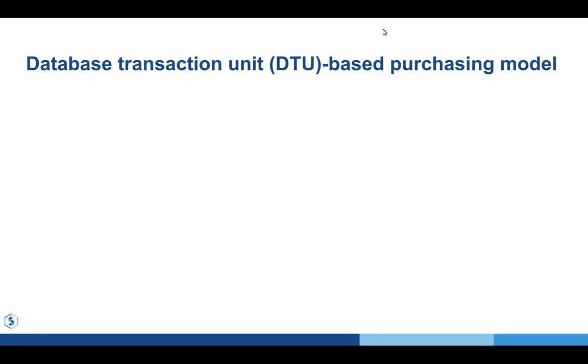So if you have multiple databases, this DTU pool will be used by one or another database. But if you have more than one database and all of the databases are running at full DTU consumption, then we will end up in the same scenario where we need to add more DTUs. Okay, thank you.